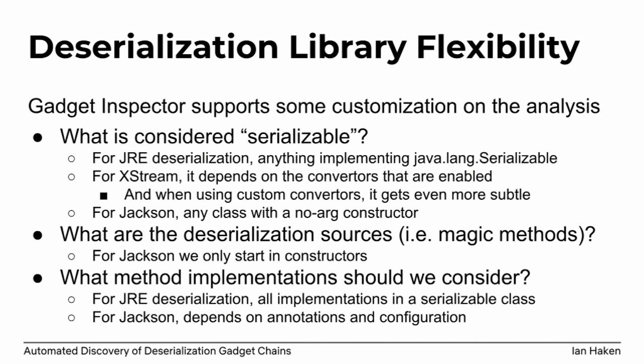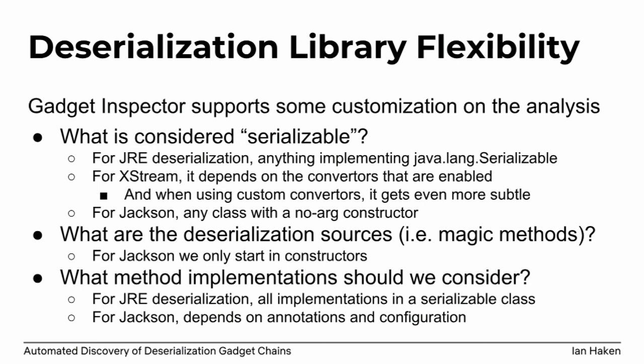So in everything I've described, one thing that I've left out is how you deal with this if you're working with different types of deserialization libraries. Well, basically everything I've described is parameterizable. What classes are considered serializable? You can pass that in as a parameter to this analysis and say classes implementing this interface are serializable, or classes with no-arg constructors are serializable, and that'll determine how you do that graph search in step 5.